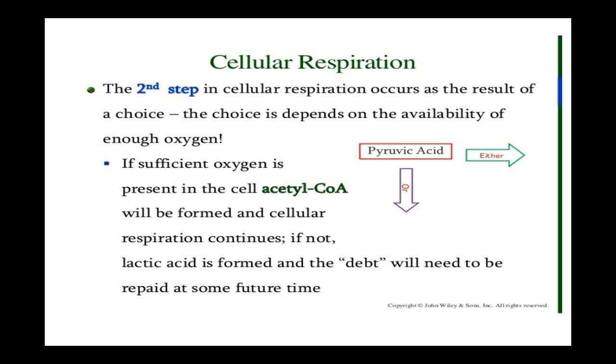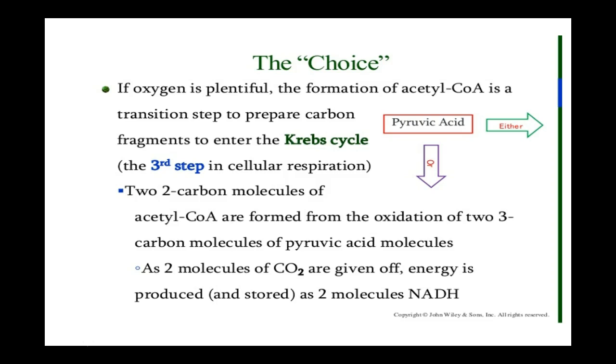If not, lactic acid is going to be formed, and that lactic acid then is going to have to be removed from your body. If it's plentiful, it's going to go into the Krebs cycle, as I said, and we're assuming you have plenty of oxygen, so we're going into the Krebs cycle. That's the third step.